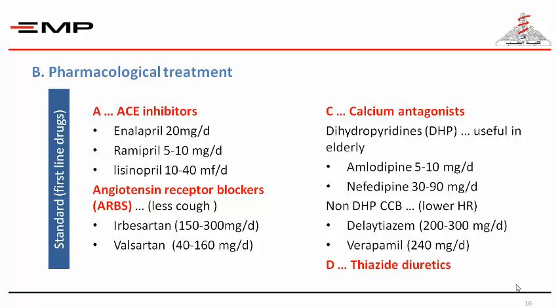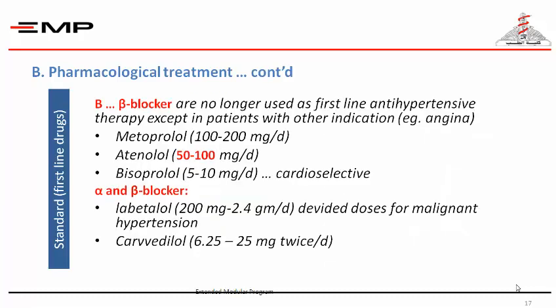Dihydropyridines are useful for elderly patients, like amlodipine and nifedipine. Non-dihydropyridine drugs are like diltiazem and verapamil. The letter D goes for thiazide diuretics, and of course B for beta blockers.